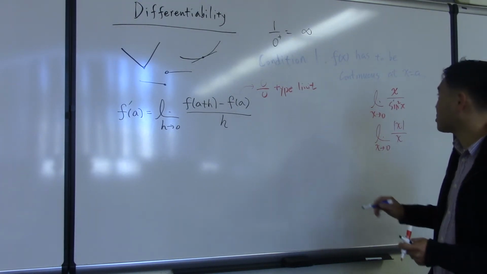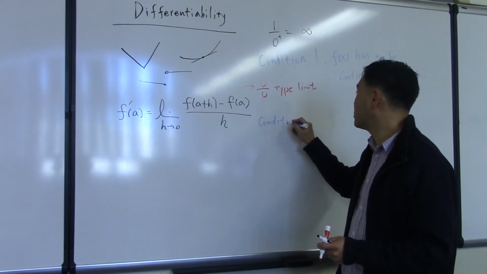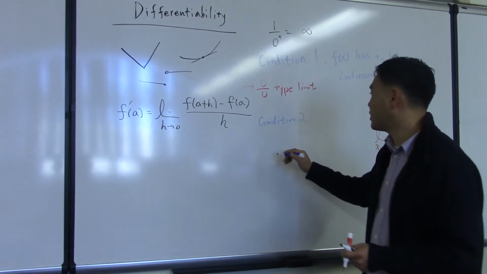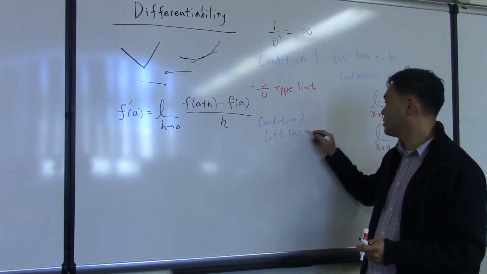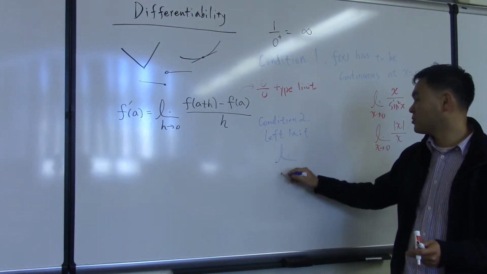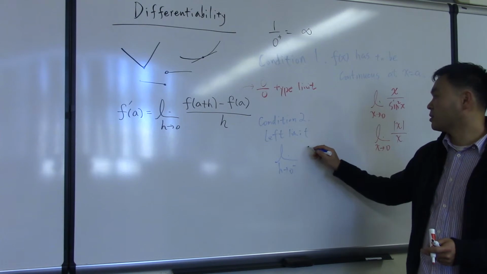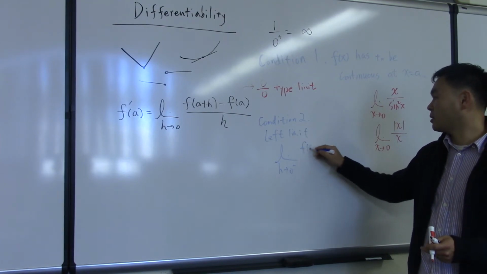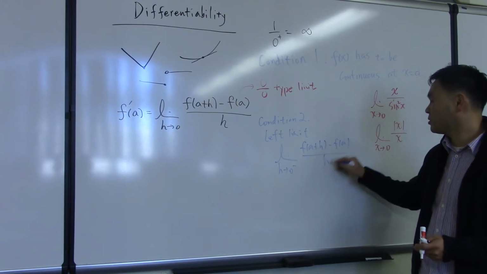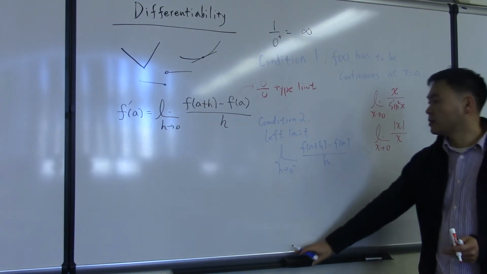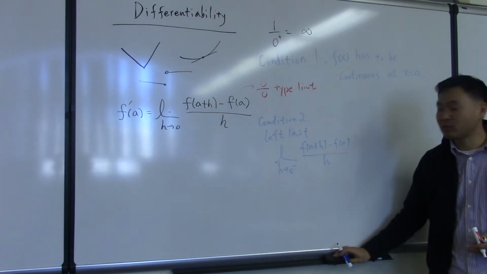Okay. So the second condition you should require, condition 2, is that the left limit, which is defined as h going to 0 minus of f(a plus h) minus f(a) over h, which is called the left derivative, by the way.